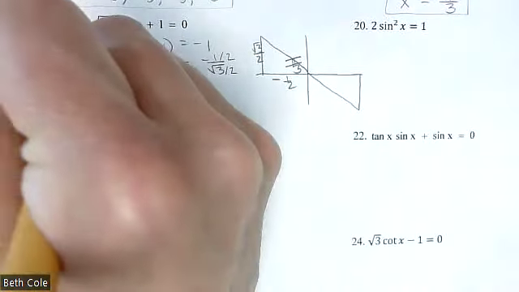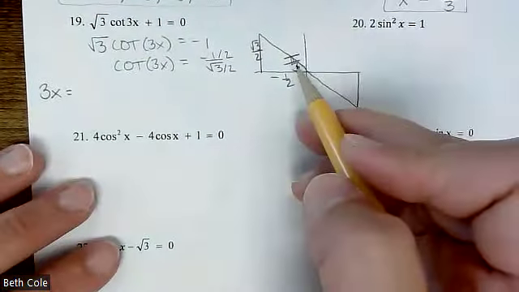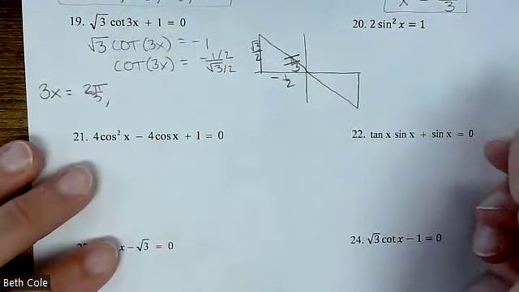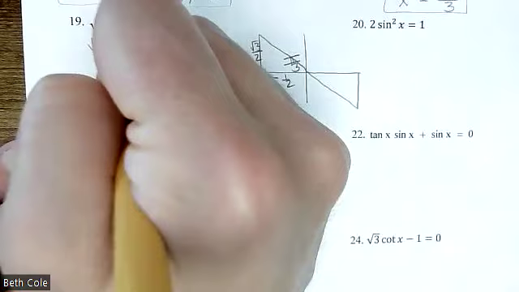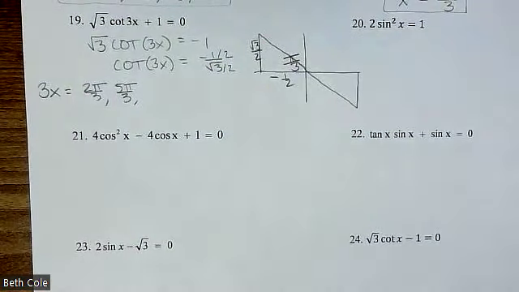All right, so I'm going to go all the way over here and leave a lot of space. So 3x equals, all right, here we go. First one is 2/3. And then the one in the fourth quadrant is 5/3. Now you have to add a rotation, which is 2 pi. So that is 6/3.